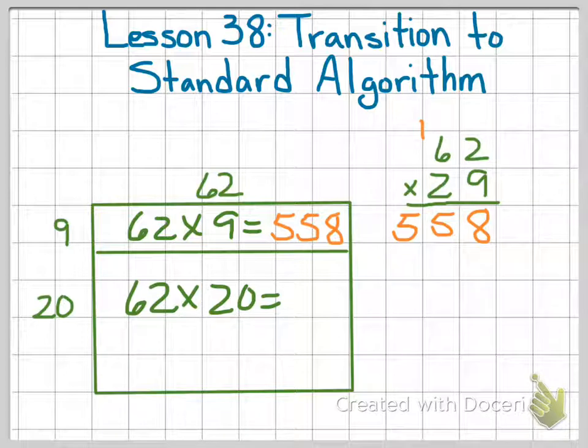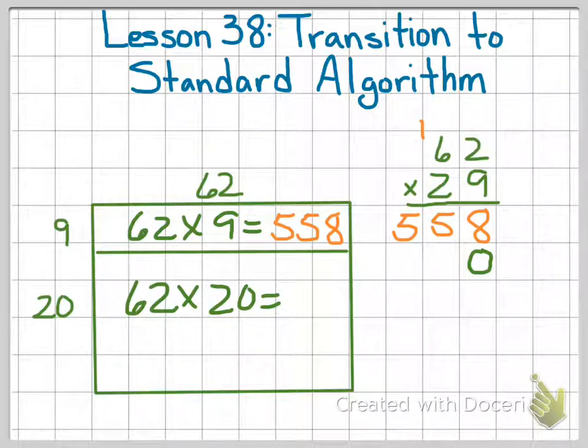Now we move to the tens place, the 2 there, and we're going to multiply 2 tens, or 20, times 62. Again, I'm going to put in my placeholder to make sure I remember that I'm multiplying by 2 tens.